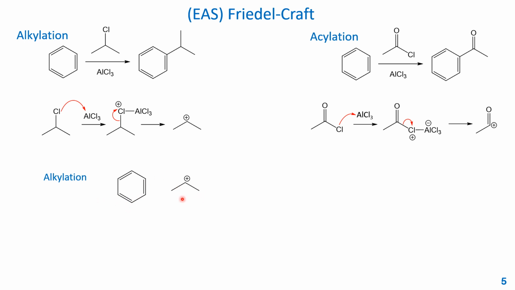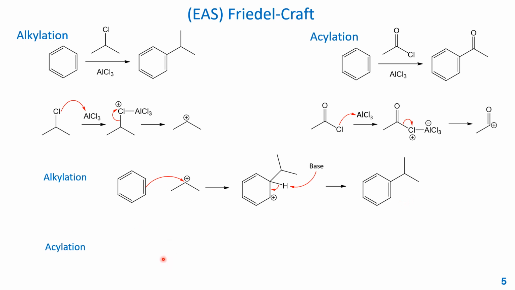Benzene reacts with the electrophile, that is the carbocation, and the pi electrons attack this carbocation to form this intermediate, another carbocation, and then a base will deprotonate the proton again. You can see the same pattern, and the product is isopropyl benzene.